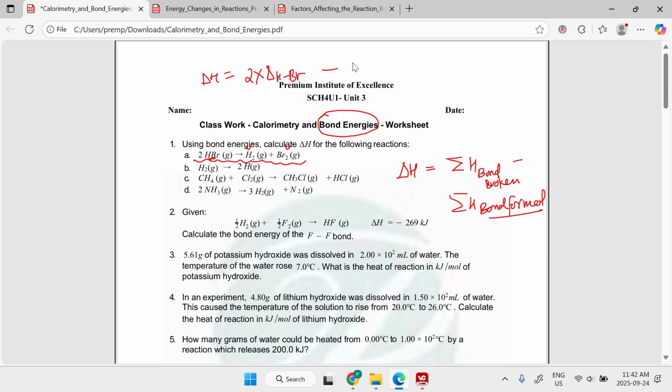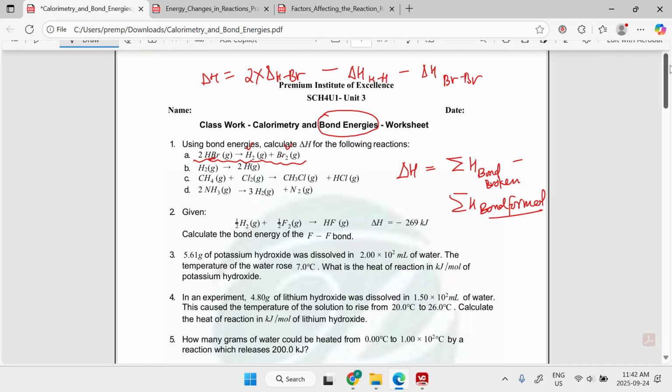So minus the bond energy of the hydrogen bond, and again minus the energy of the bromine bond, and that's how we find it. That helps you calculate the total change in energy, and you can look into the bond energy table and pick the value from there.